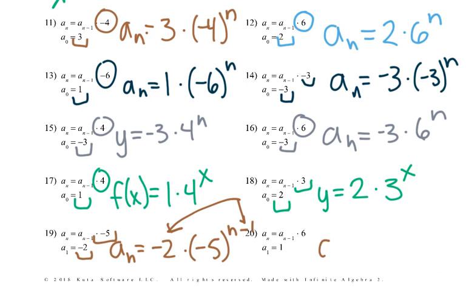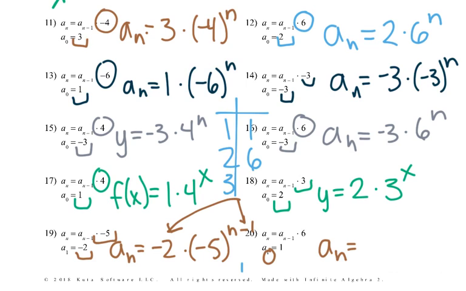So in 20, it would be a sub n equals 1 times 6 to the n minus 1. So if we see a 1 here instead of a 0, we've got to take it back to the 0 with the minus 1. Now, I don't have to do it that way. I could just as easily decide I'm going to take 1, because if I were to make a table, right, my first term would be 1.